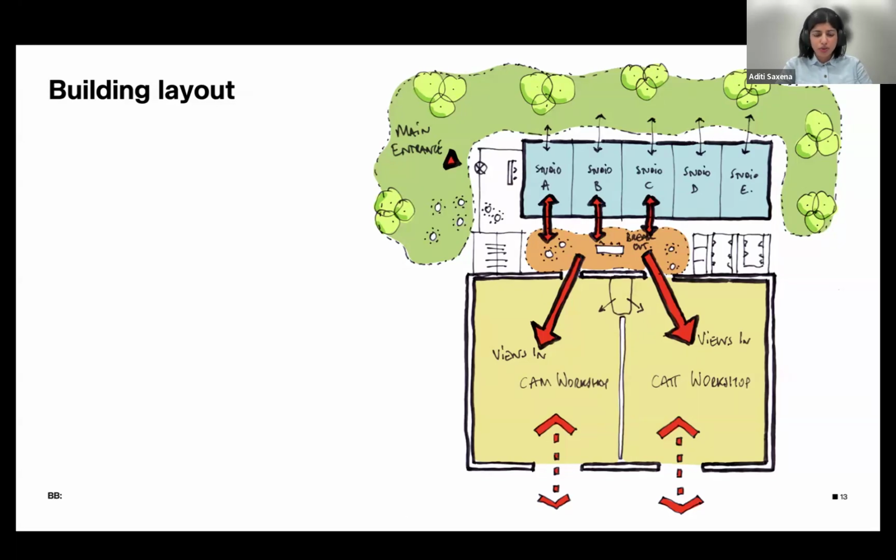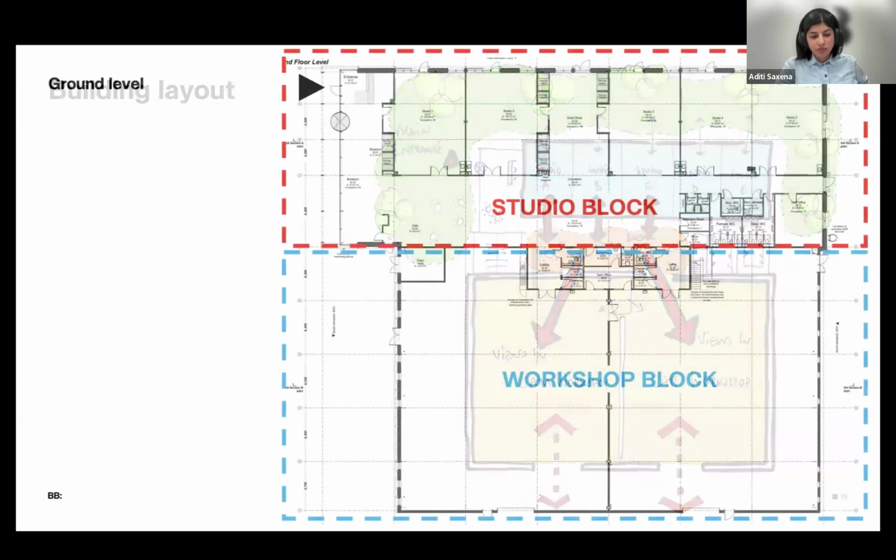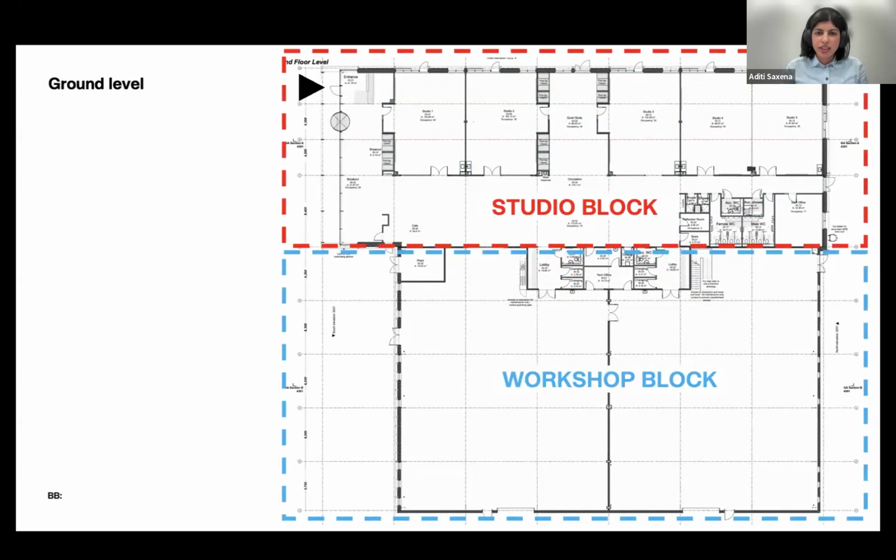The studios are then all grouped together, facing out to the northwest. They're shown in blue. These then connect to the breakout space in orange, which then look into the workshops, which are yellow. And then the ancillary spaces wrapped around this organizational diagram. And this gave us a really simple rectangular form, which is also the most efficient from an energy perspective. And then this translated into the floor plan that you see on screen now.